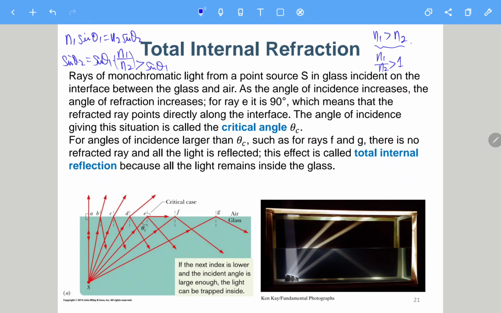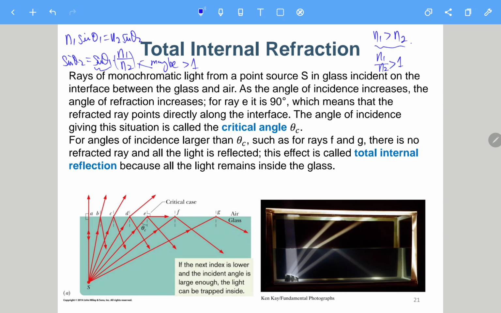This is not a good way to put it, but at least you know this one is larger than 1. If sine of theta 1 is large enough, this number may be larger than 1. And you know sine is a function between -1 and 1.